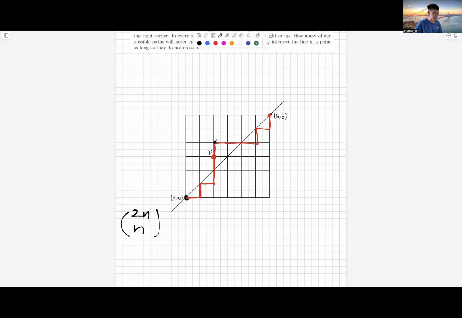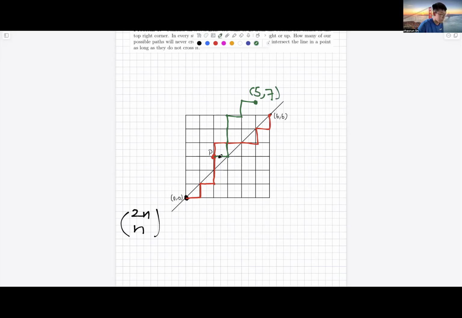So the reflection of the remaining path after P is, here we go up, we go right, and so on. Yes, here's the reflection. And we ended up at a point, this is 5, 7, right? So this is 5, 7.